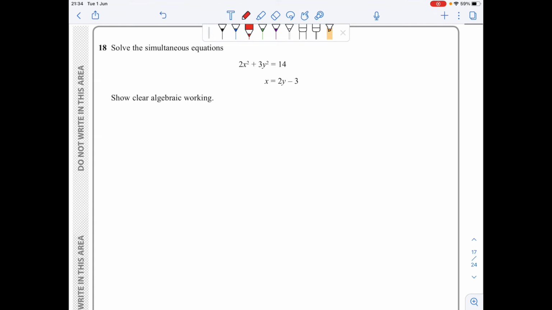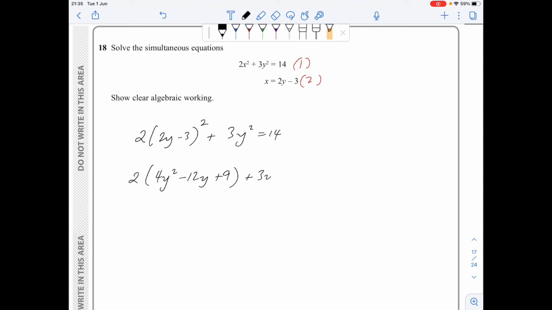In question 18, I will substitute equation 2 into equation 1. So I get 2 times 2y minus 3 squared plus 3y squared equals 214. Then I will expand: 4y squared minus 12y plus 9 plus 3y squared is 14.